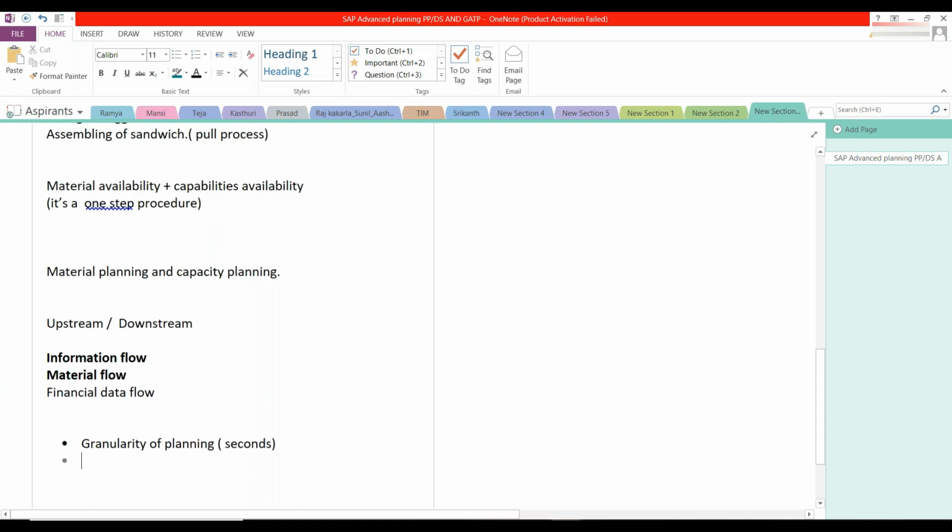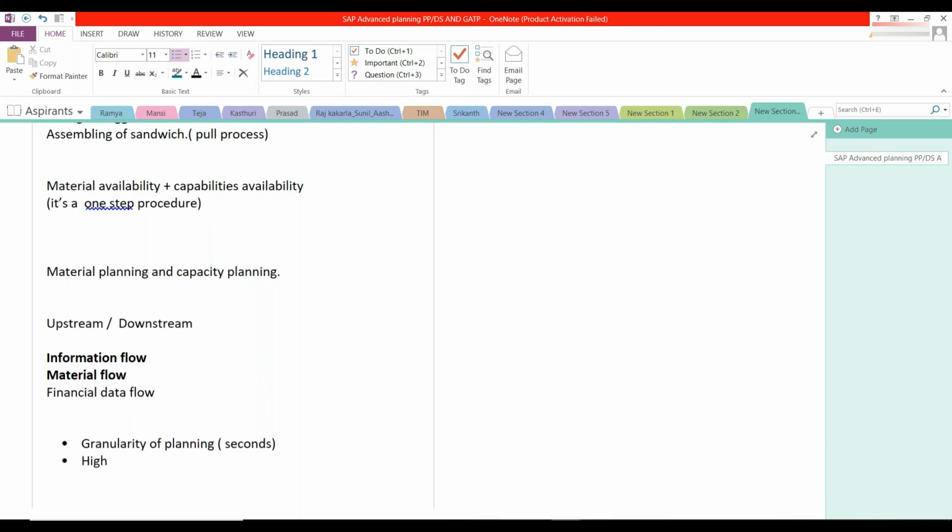It has greater user interfaces, you have graphical planning possibilities. That is another reason why, as a planner, I would take up this advanced planning module.